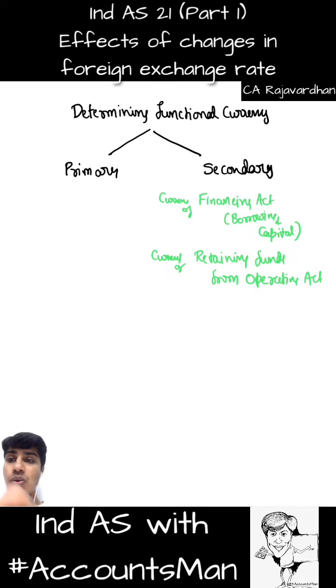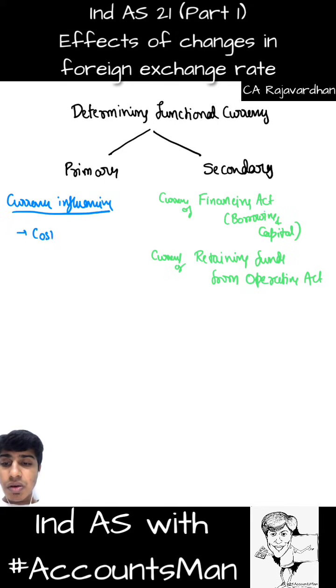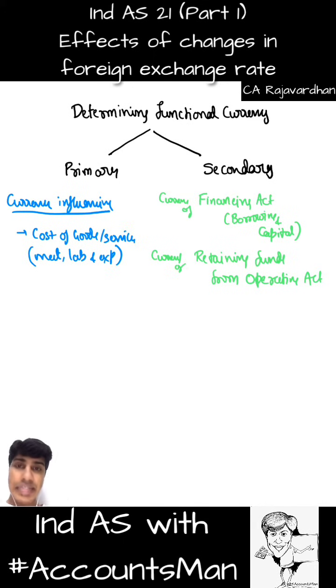So what exactly are our primary factors? Primary factors are the currency influencing the cost of goods or services, that will include material, labor and expense. All three together, whichever is the currency which will influence this particular cost of goods or services will become my primary factor.